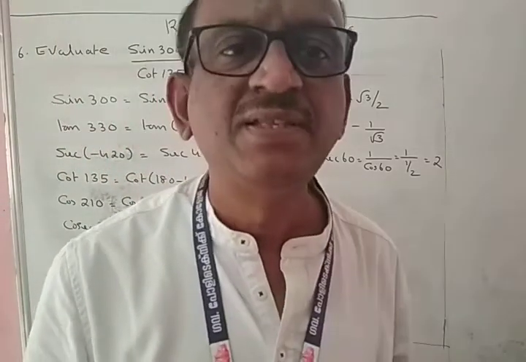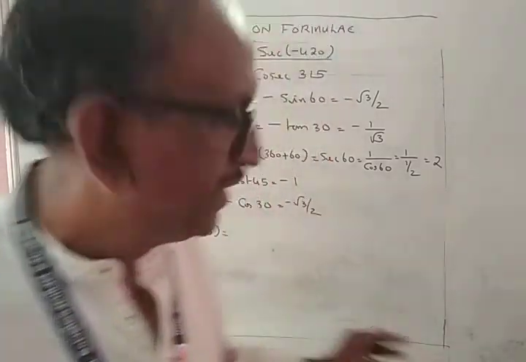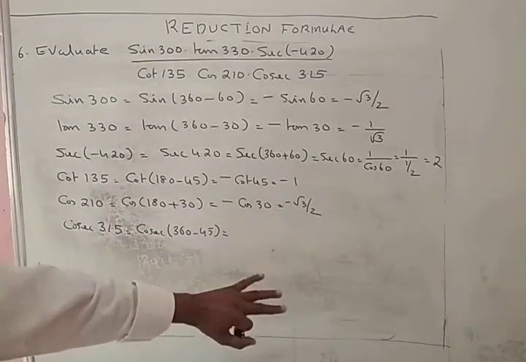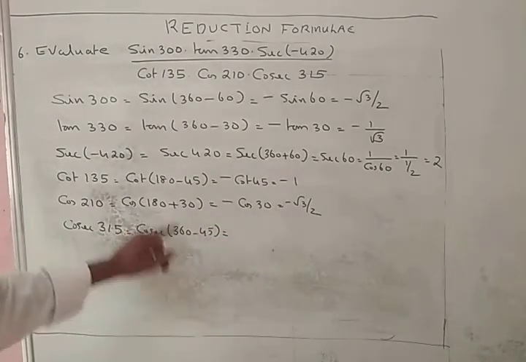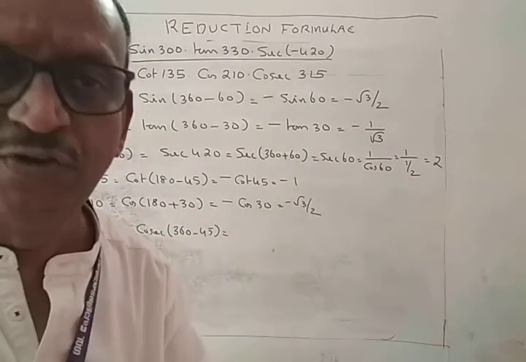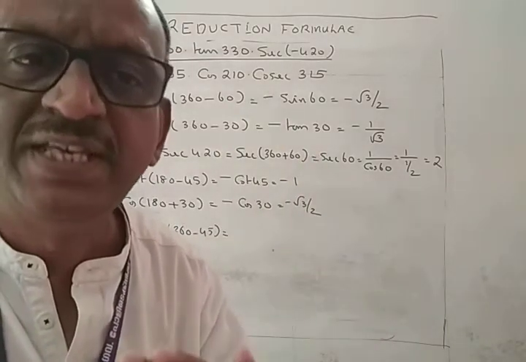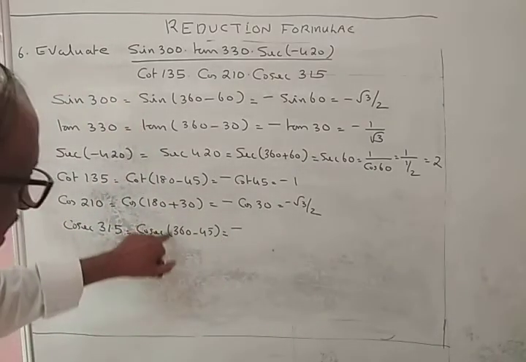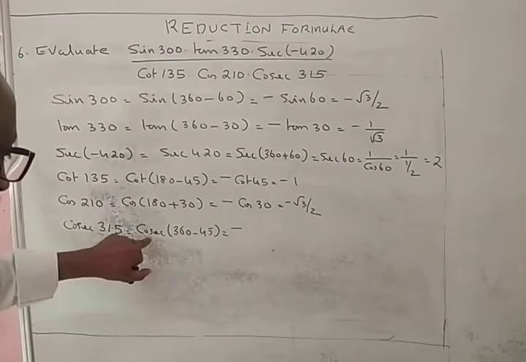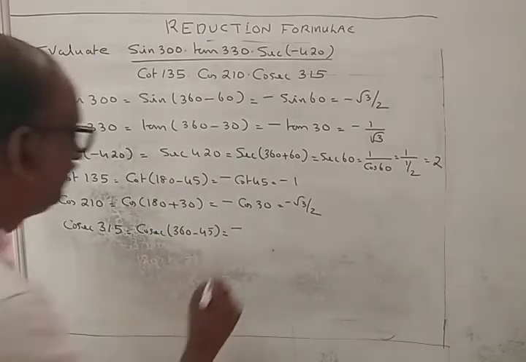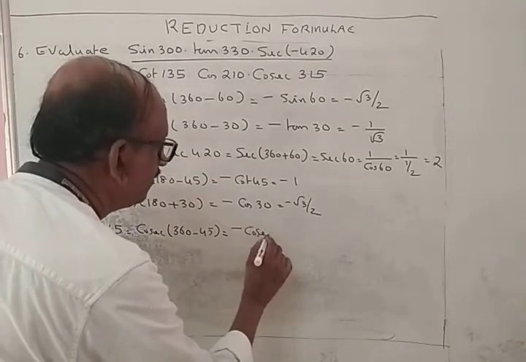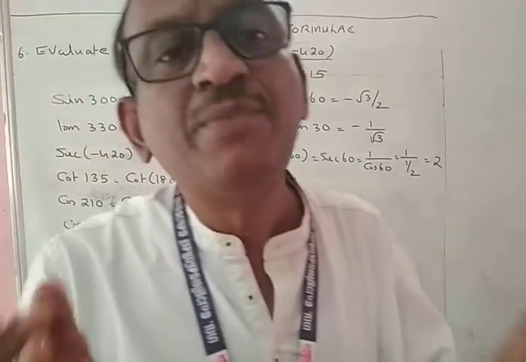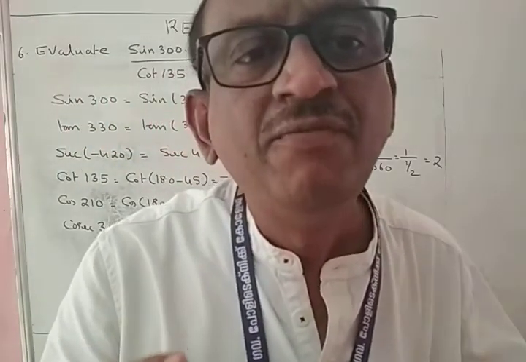315 is the same as 360 minus 45. Therefore, cosec 315 is equal to cosec 360 minus 45. 360 minus 45 is in the fourth quadrant. In the fourth quadrant, cosec is negative. Minus. Since this angle is 360, the answer is cosec 45.